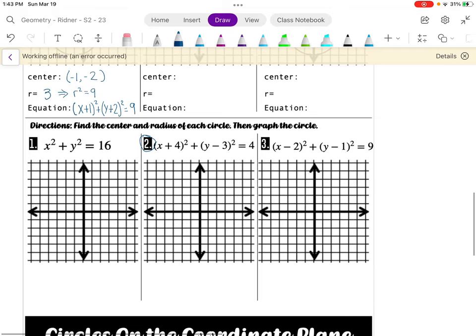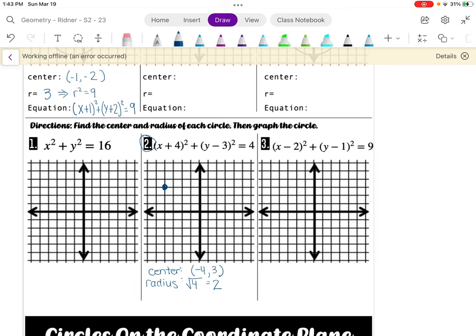Going the opposite way here, my center would be -4, 3. And my radius would be the square root of 4, which is 2. So I'm going to go in 1, 2, 3, 4, 1, 2, 3. There's my center.